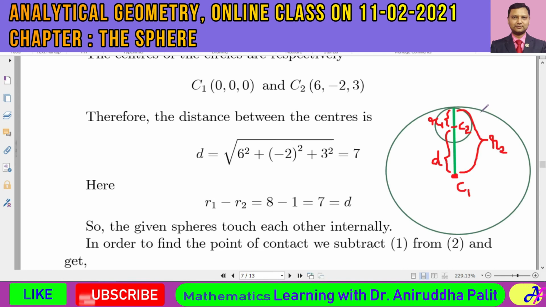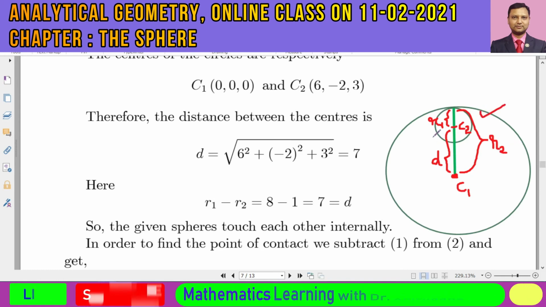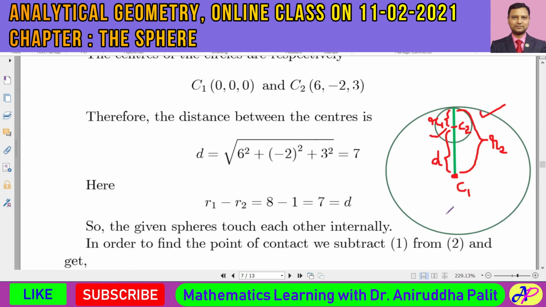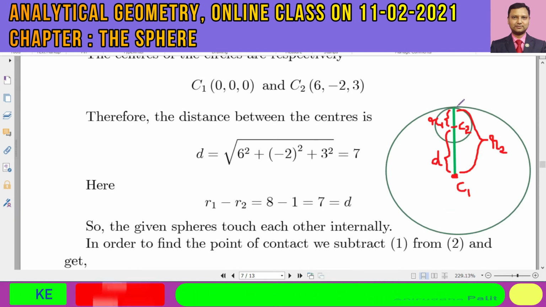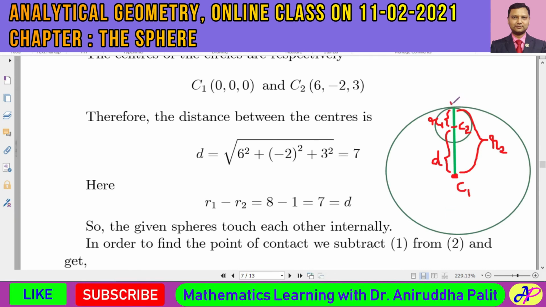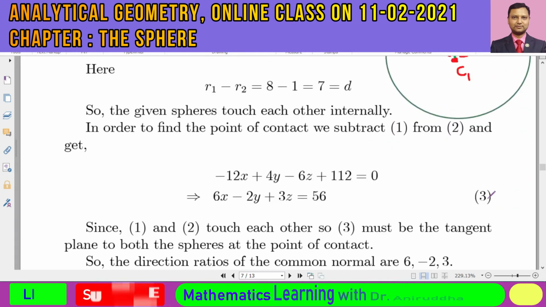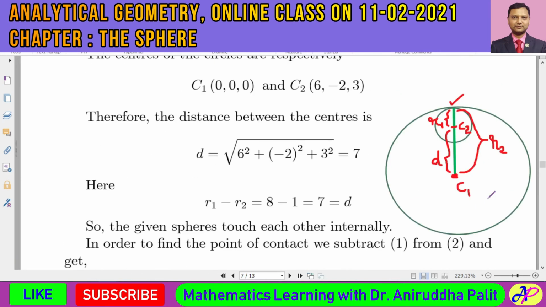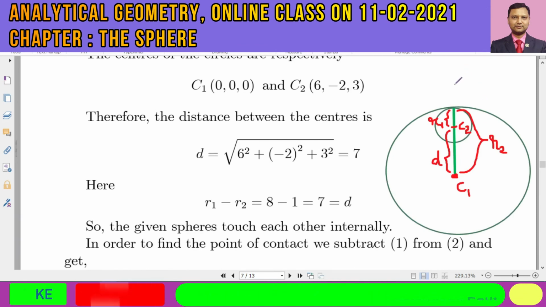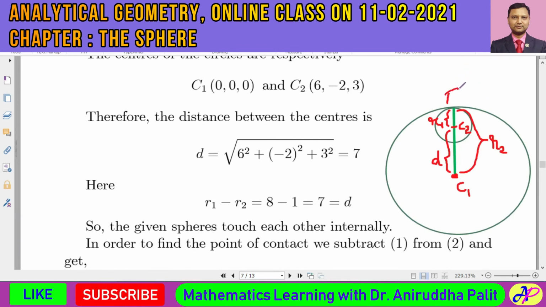So this would be the external sphere, and this would be the internal sphere. They are touching each other internally at this point. Let us call it the point P.